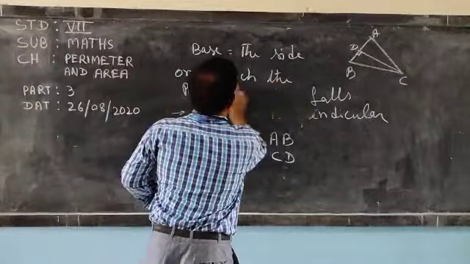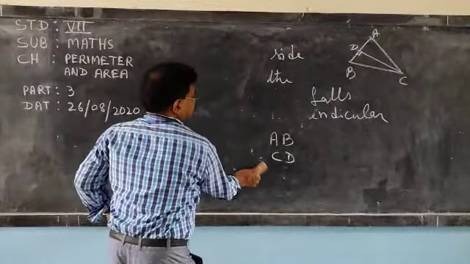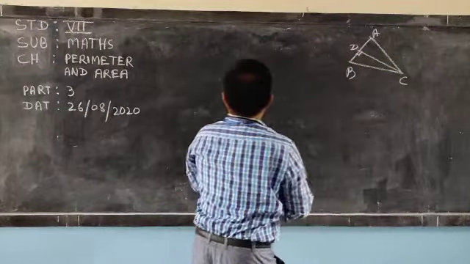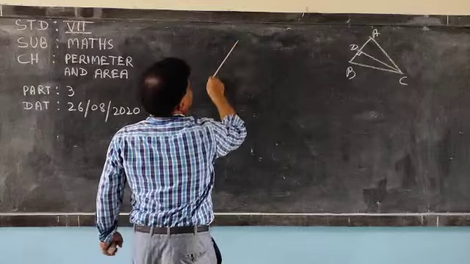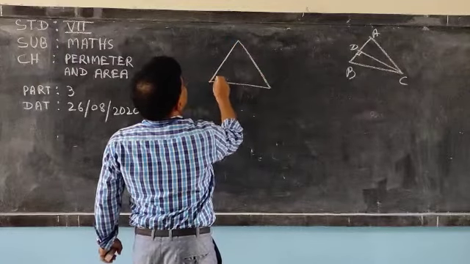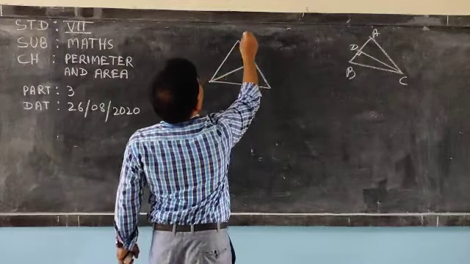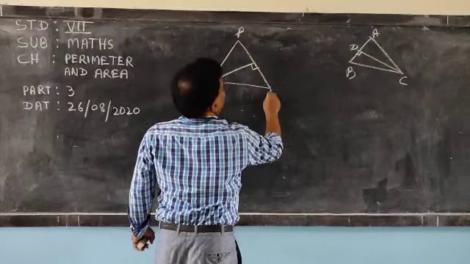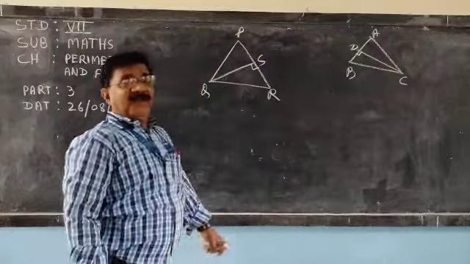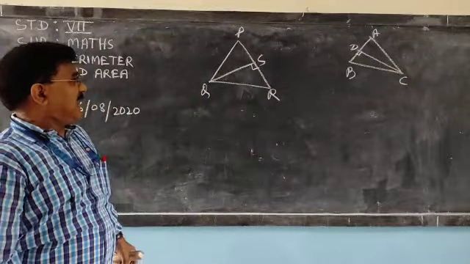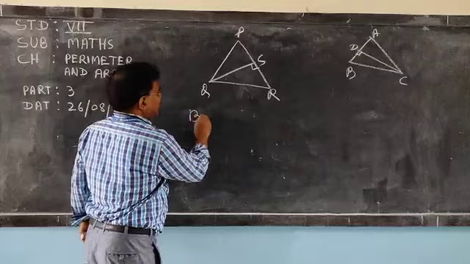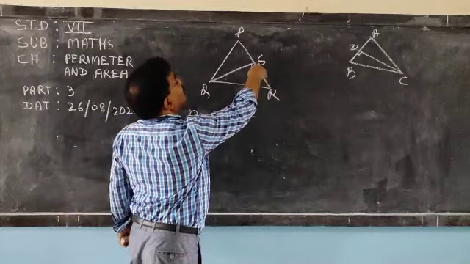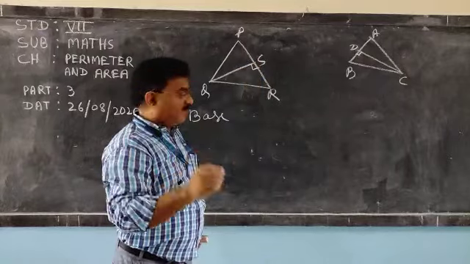Another diagram I am showing you. Which one is the base and which one is the height? Base is PR, because on this base only the perpendicular falls.